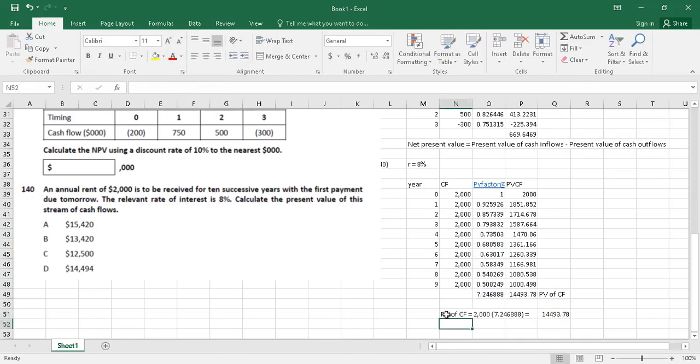In one single step, this can be done if we know these values. So in the examination, if you are to do it manually, these table values will be provided.